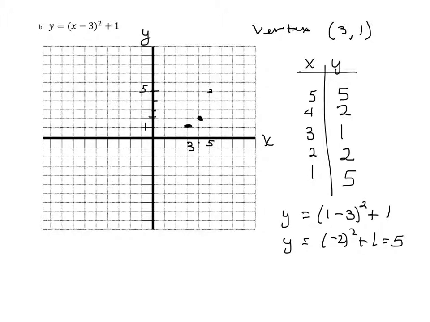Just taking my time, guys. And then 1, 5. And last but not least, 2, 2. And there it is. Ta-da! The axis of symmetry is actually the line x is equal to 3. Cool. Cuts it right in half. Done.